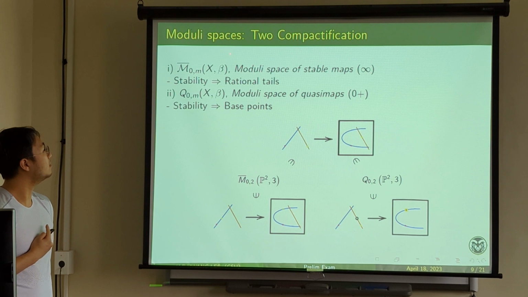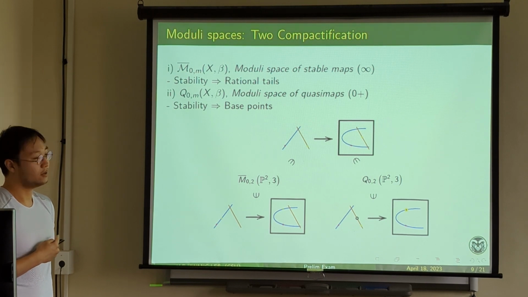And then I'm going to put some markings on my source curve. That will play a role in a minute. And when we compactify, there are certain technical conditions, called stability conditions, related to the log canonical bundle.